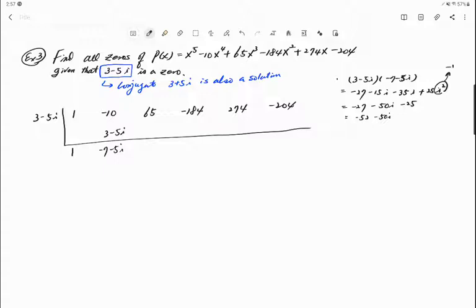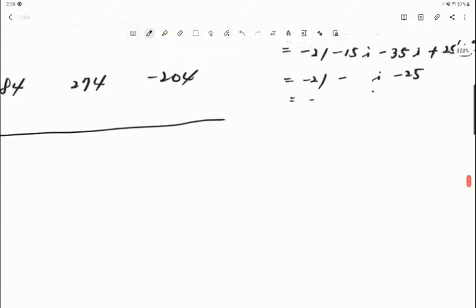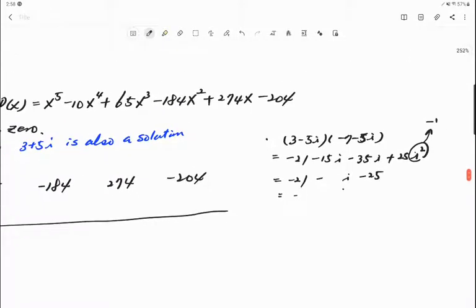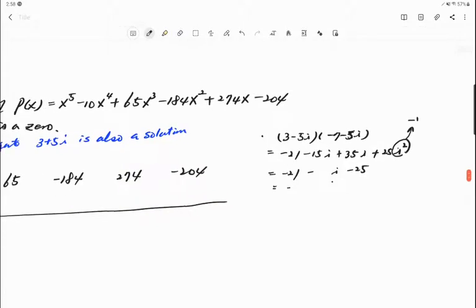Okay, let me double check. Okay, mistake. Three times 7 is 21, right? And that is negative 15. And then multiply these two, 5 and 7. That is positive, right? Why is it negative? It's got to be positive.